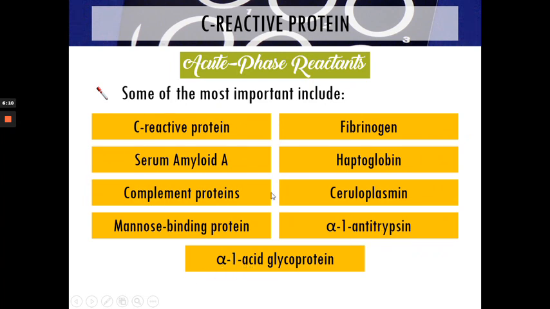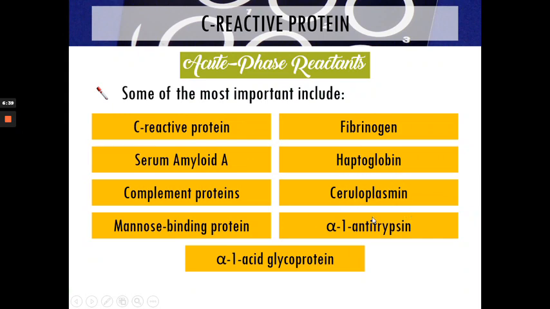I'm sure some of these are familiar to you because these names can also be found in your discussion in clinical chemistry, when you discuss proteins and their different functions. Fibrinogen is usually for clotting. Haptoglobin is for hemoglobin. Ceruloplasmin is for the transport of copper.